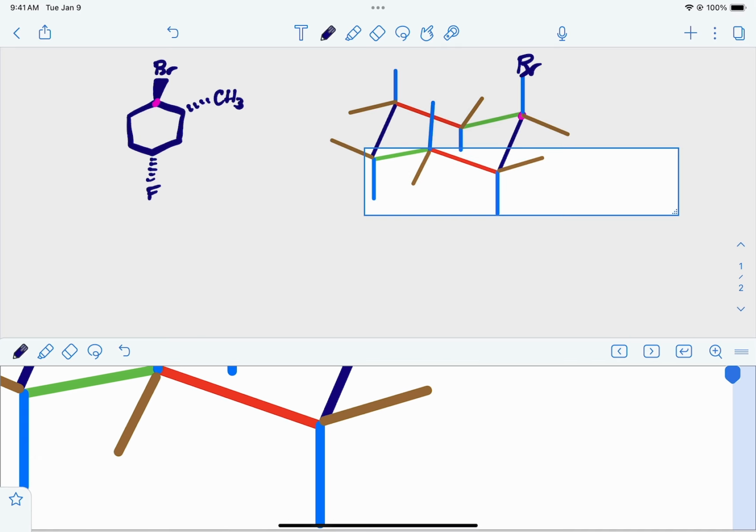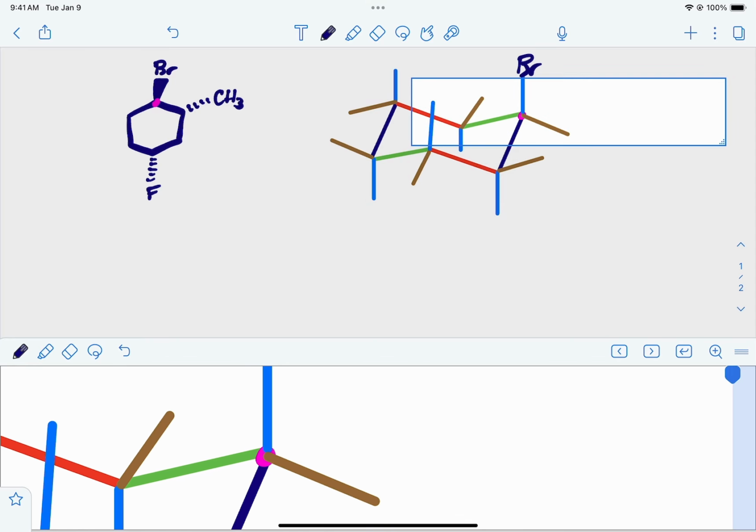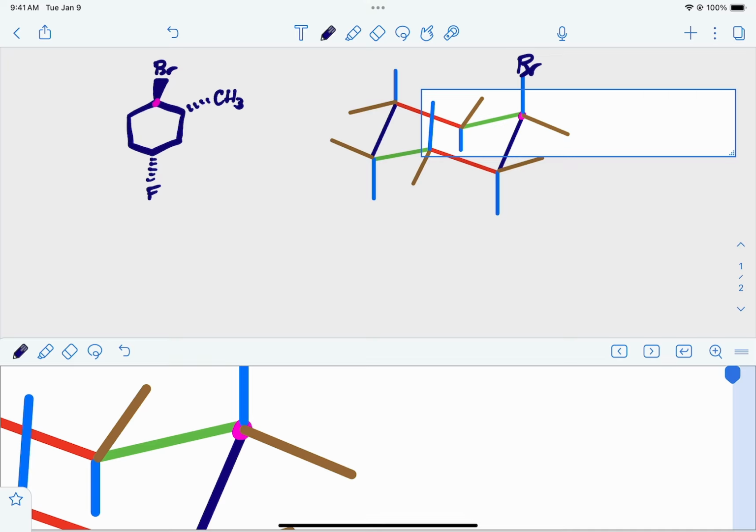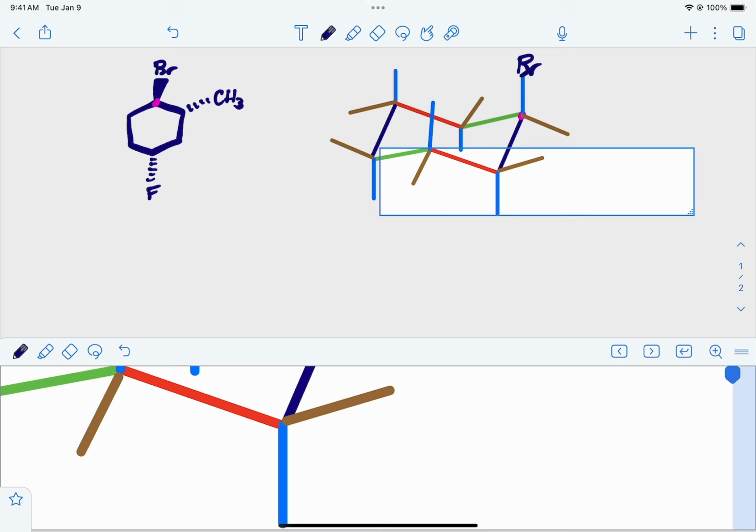But on this carbon, axial means down, okay? Same thing over here on our pink carbon. Brown is equatorial, and that's down. But over here, on this carbon, brown is up. Equatorial is up. So axial doesn't always mean up or down. It means one or the other. And equatorial doesn't mean up or down. It means one or the other. So it depends on what carbon you're looking at.